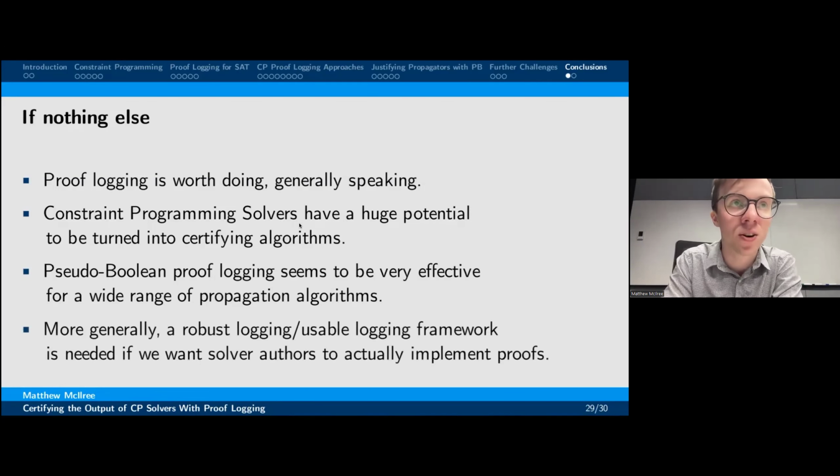So going back to the DRAT proof format, we're a long way at the moment from being able to say to solver authors, you don't need to care about how these derivations work, just output what your CP solver learns, and we'll be able to justify this and verify this. At the moment, there's quite a long way to go on that front before all CP solvers will be implementing proofs, and we can have a certified track in the MiniZinc Challenge, and the world will be better.